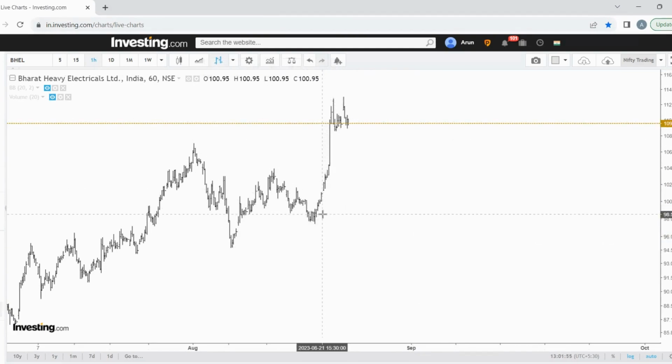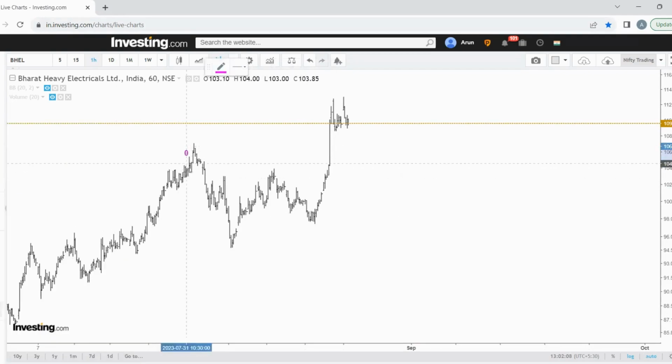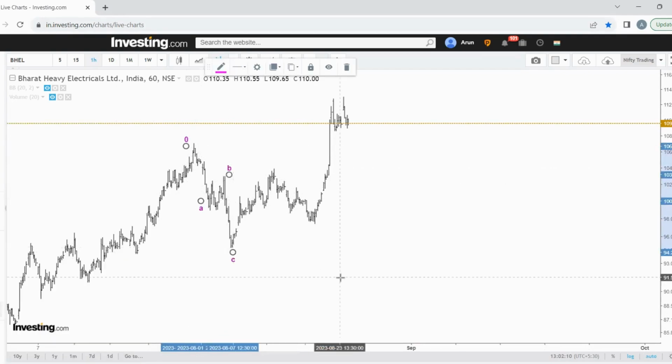We need to try to capture this move. After a fall, you can see here A, B, C. If a fall is A, B, C, I mean in 3 waves, the prior trend is still intact, that is the uptrend.